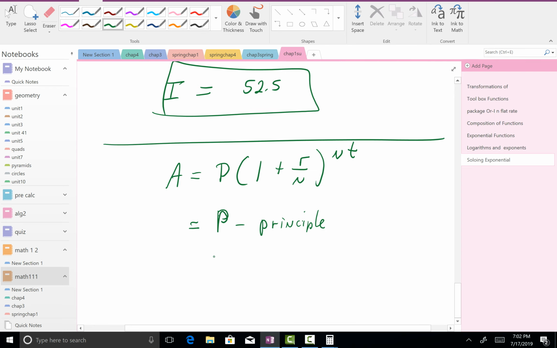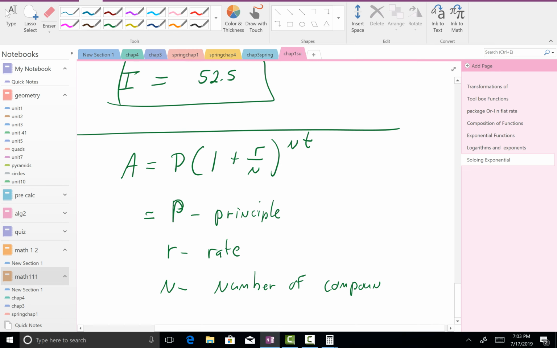All right, R is the rate. N is, we say, the number of compounding. And T is the time. Okay, A is the amount of what the loan is. All right, so P is your principal, R is the rate, N is the number of times compounding, T is the time.